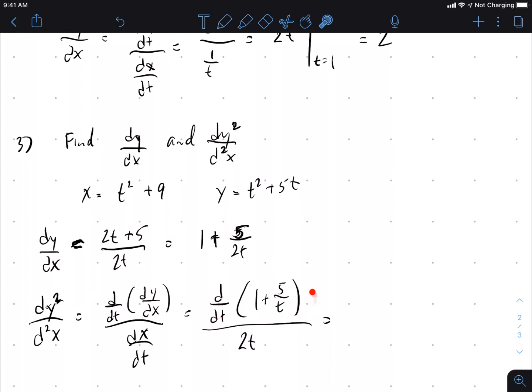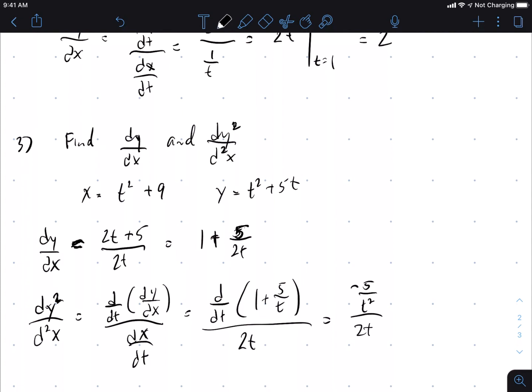And so what does that give me? What's the derivative of this? Close. A negative. It's a negative 5 over t squared over 2t.